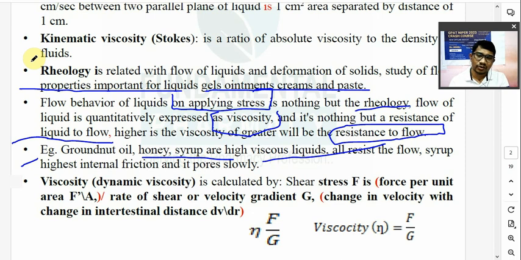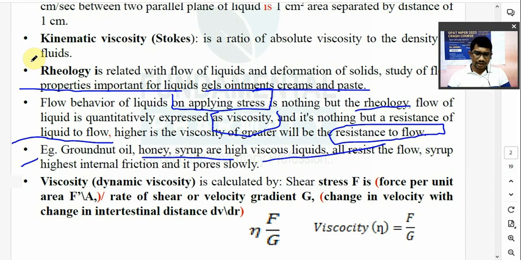Now in the case of suspension also, what happens? In the suspension, solid particles are suspended in the continuous medium, the dispersion medium. The dispersion medium in the suspension has a very high viscosity.